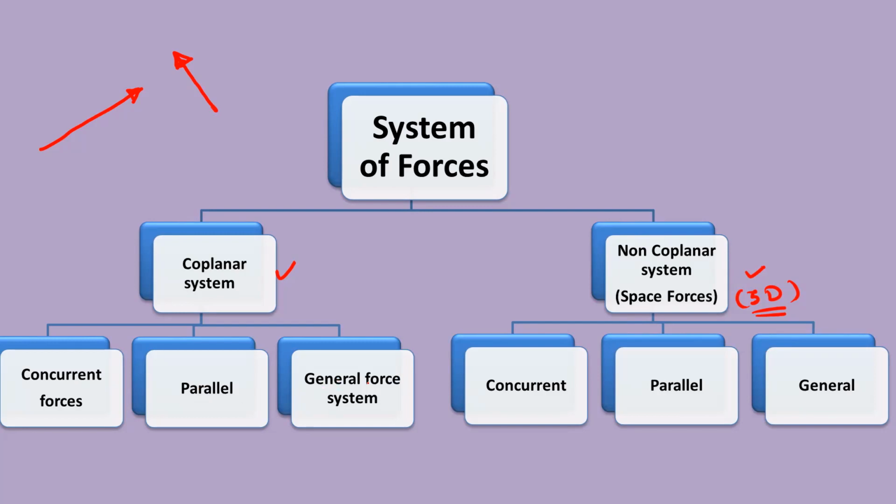General force system is called non-concurrent and non-parallel. This is called a general force system. Afterwards, I will explain in detail the meaning of concurrent, parallel, and general force systems.